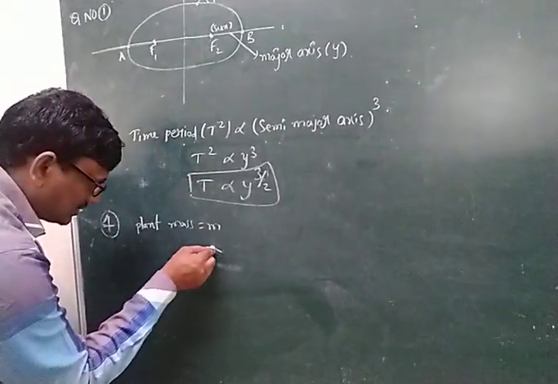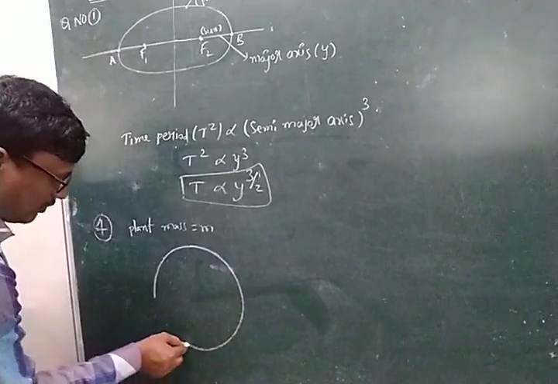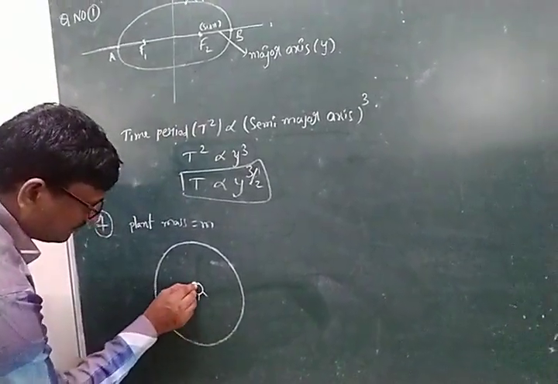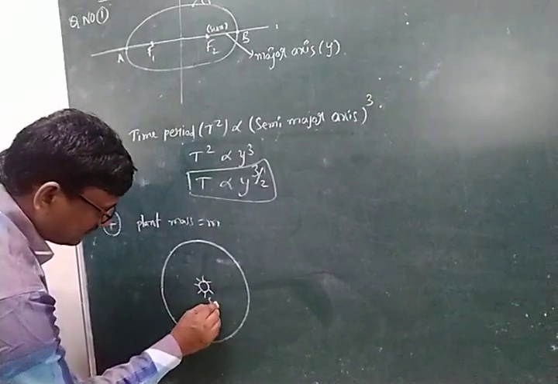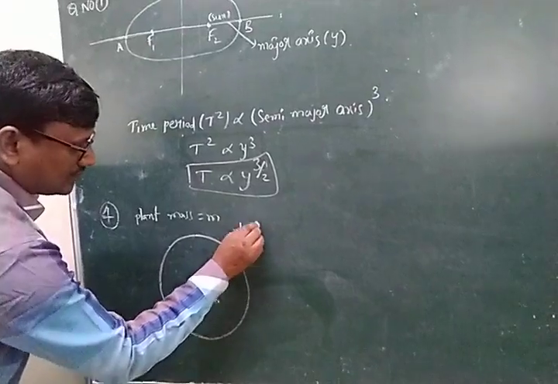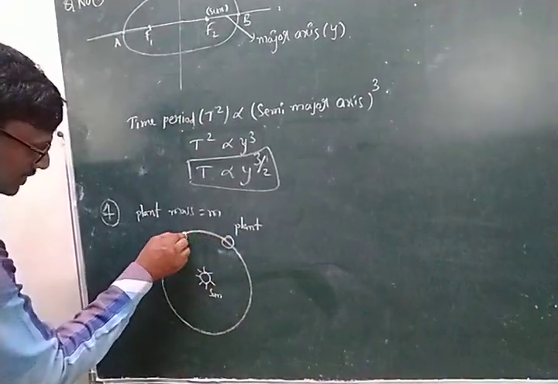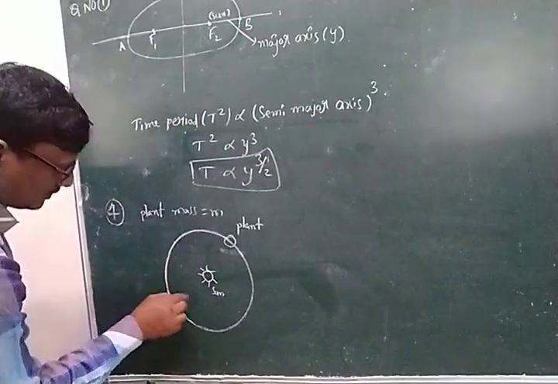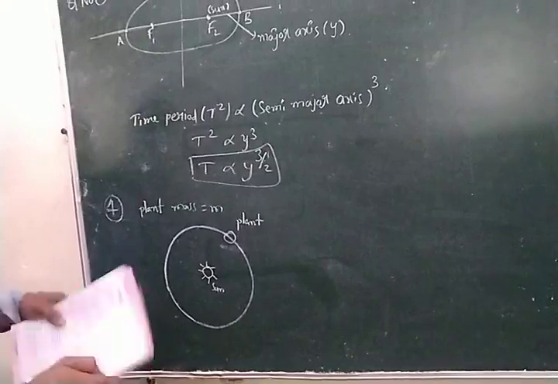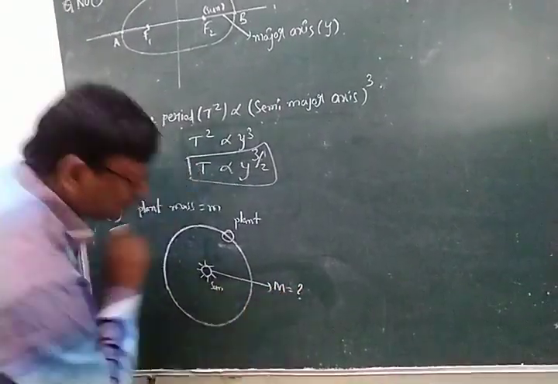Here this is considered the circular orbit, and the center is considered to be the sun. Now here is the planet, of mass m. This planet revolves in a circular orbit around the sun. Then we can find out the mass of the sun. So, the mass of the sun M is equal to how much?